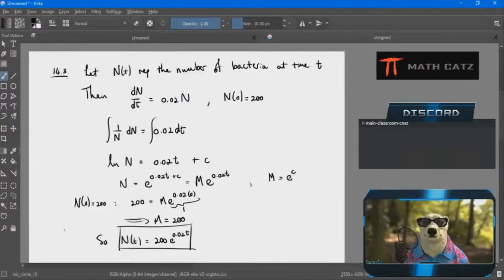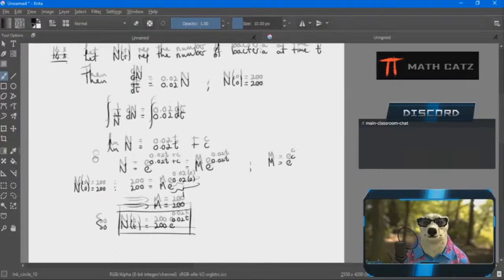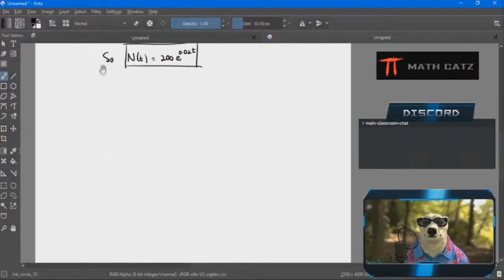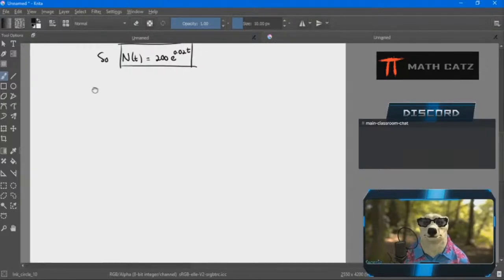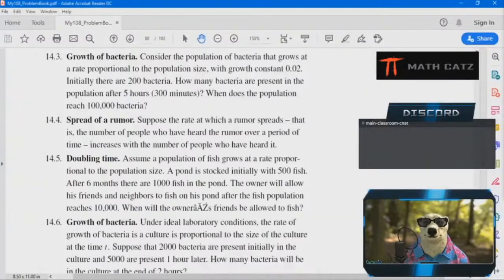But a first part of the question could say, set up the differential equation and show why this is the function. So I have to practice this solving of the differential equation step as well. However, now that I have the function, I simply need to use that function to answer their questions.